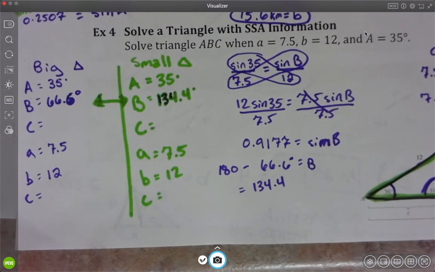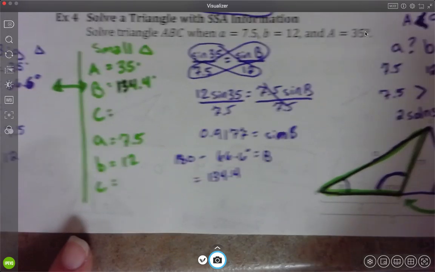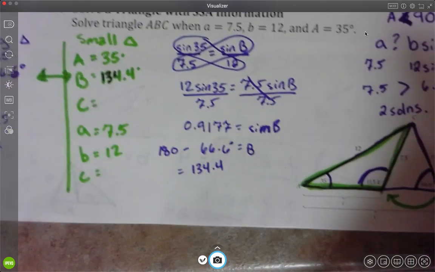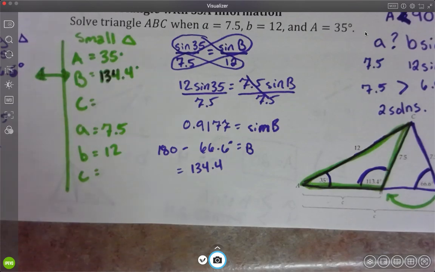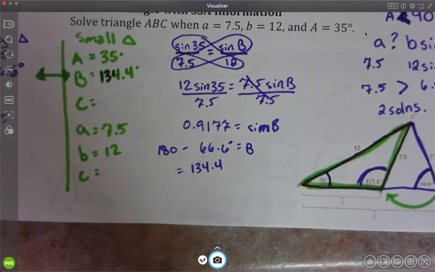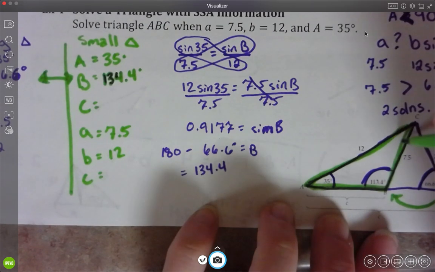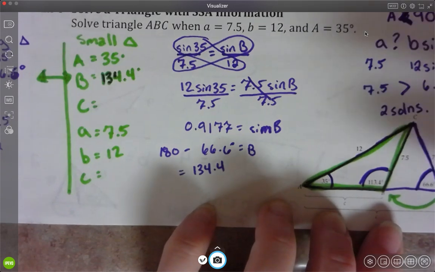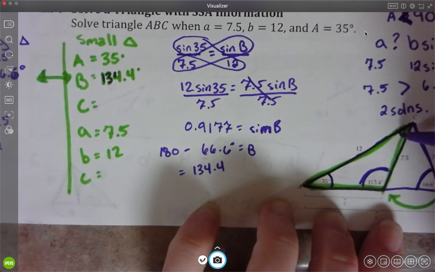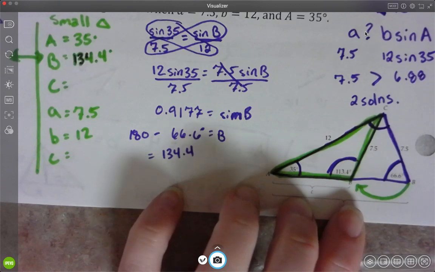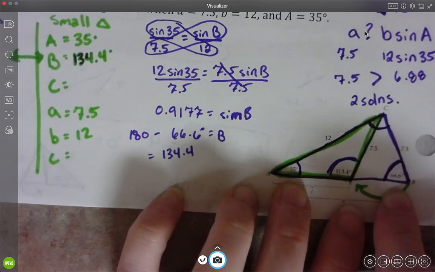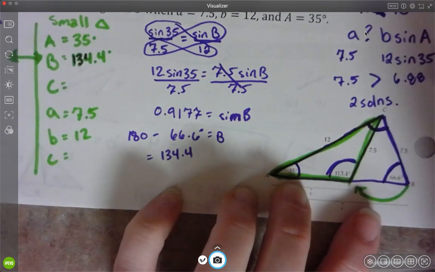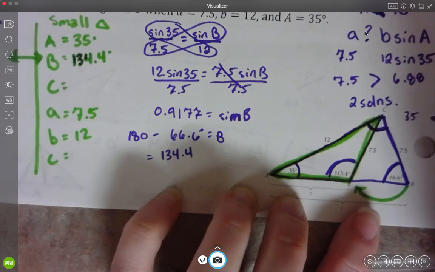Okay, all right, now they want us to find C, capital C and lowercase c. So let's see how we can figure this out. Well, if I look at capital C for this purple triangle, I have 35 degrees, I have 66.6 degrees. I can solve for that capital C. 35 plus 66.6, and I subtract it from 180.